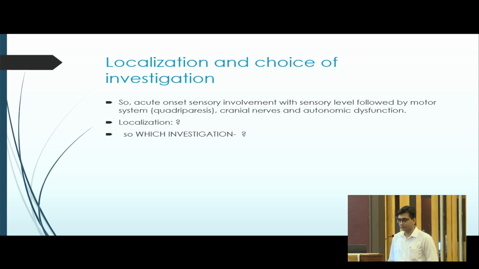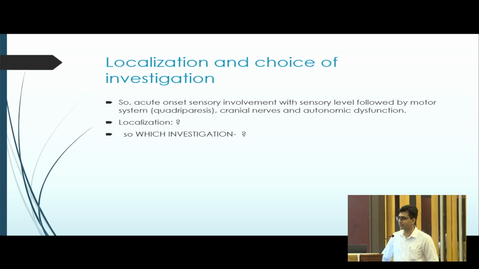Cranial nerve involvement, so most likely brainstem. Motor system, pyramidal tract, from subcortical up to the spinal cord, and sensory involvement with a sensory level, so most likely the spinal cord is also involved. So acute onset, brain plus spinal cord, post-febrile in a young male patient.